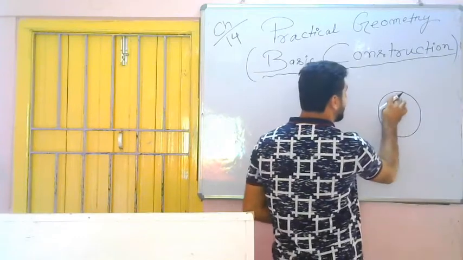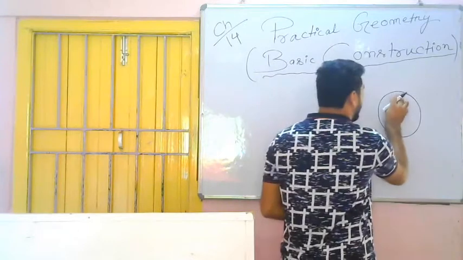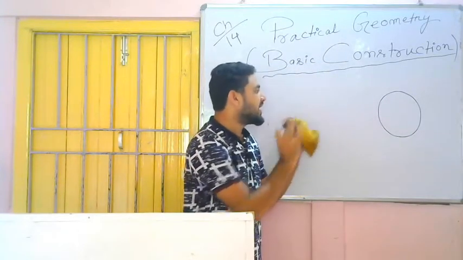Suppose this is a circle I have drawn by my hand. If you draw with your compass, then it will come out accurate. Suppose you just assume that this is a circle.